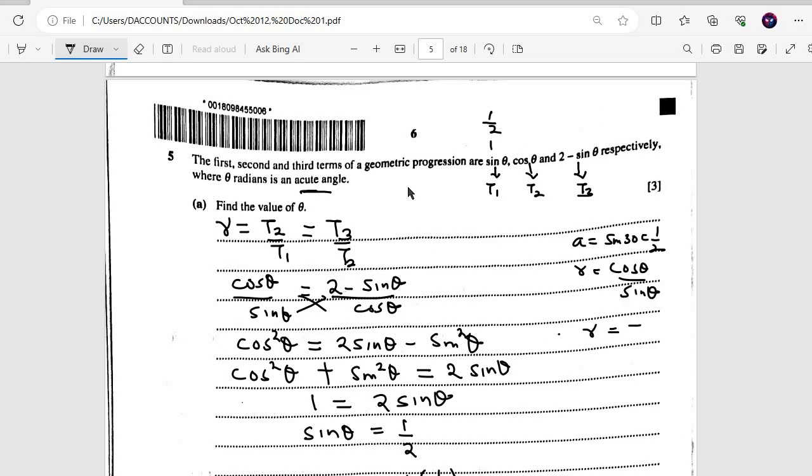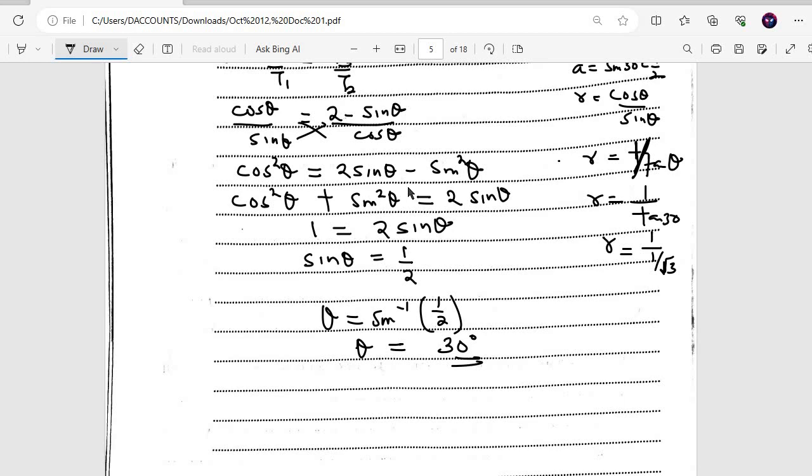Remember that cos 30 over sine 30 is cot theta, that's 1 over tan theta. What is tan 30? I think tan 30 is 1 over root 3. So at the end of the day, the common ratio is root 3.